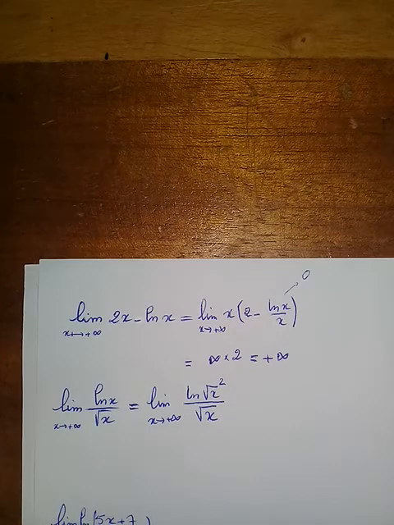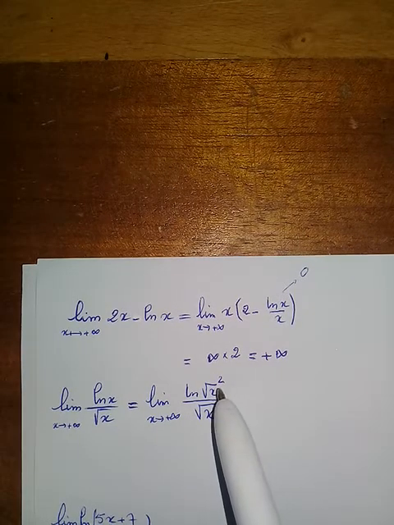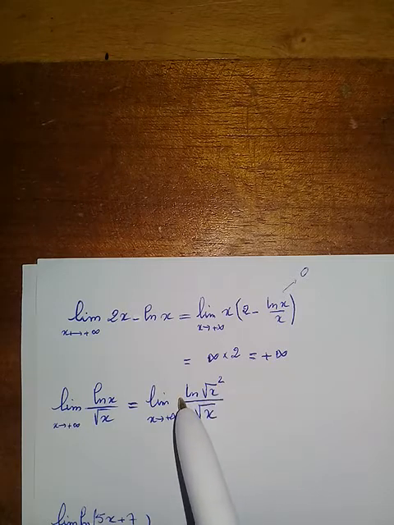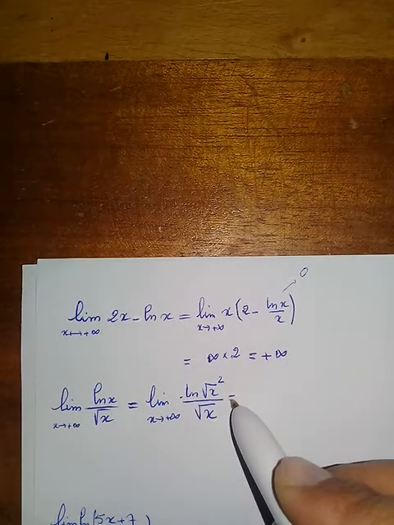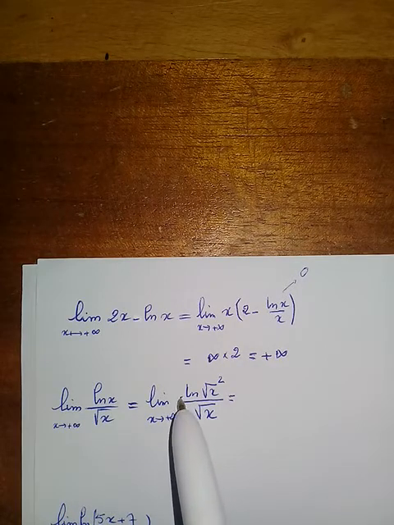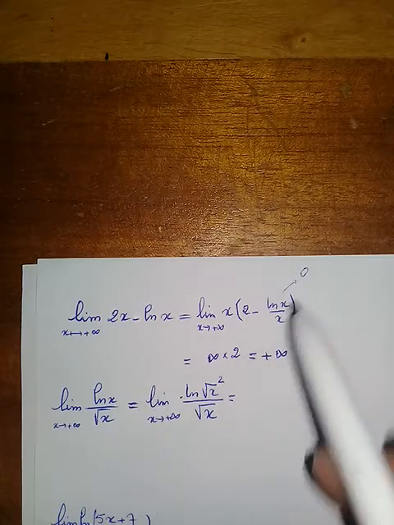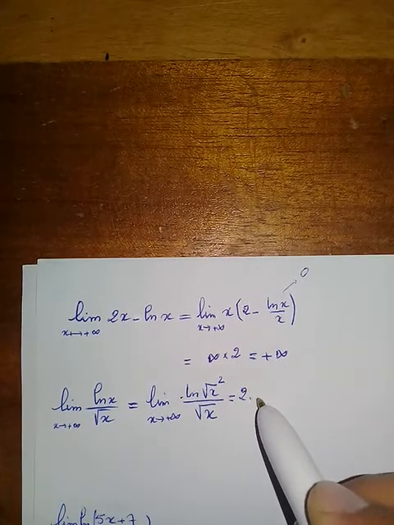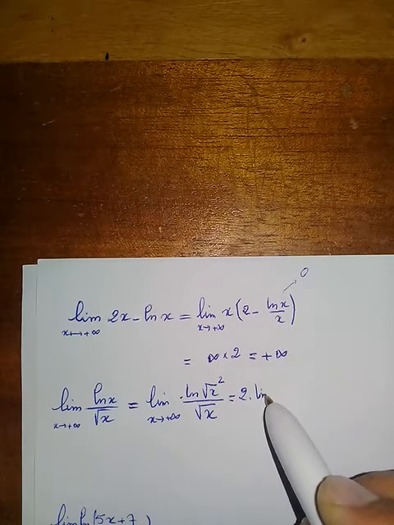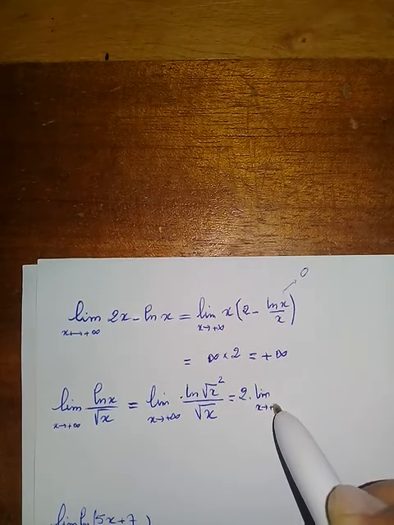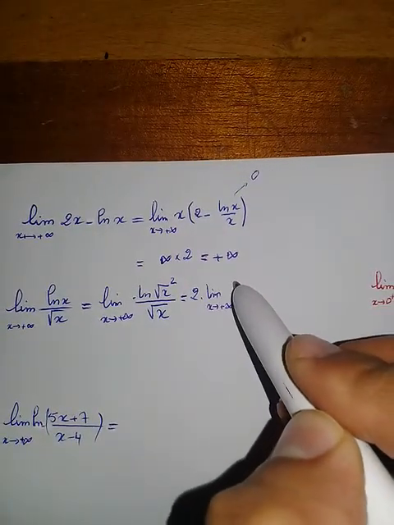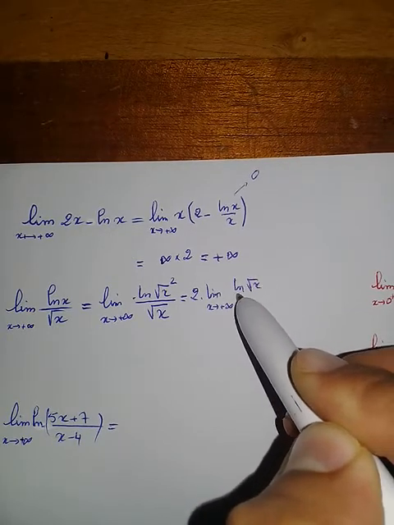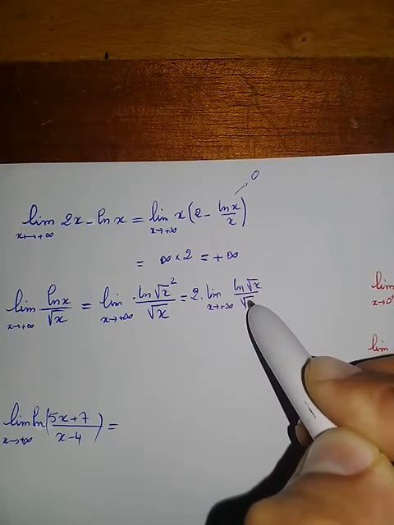And as a property of natural log, we can take the 2 to the front here to get 2 ln of the square root of x. And of course we can take the 2 out of the limit. So it's 2 times the limit as x goes to infinity of ln of the square root of x over the square root of x.